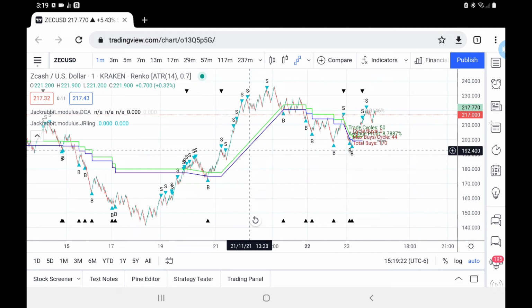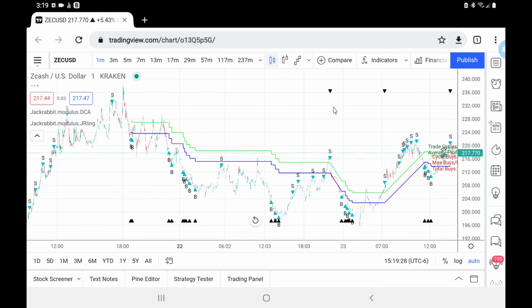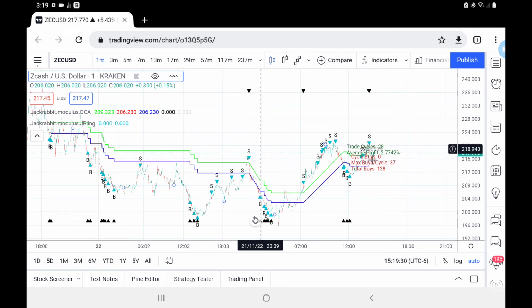50 positions, 8% profit on Renko. 28 positions, 2% profit on Renko. Or excuse me, on traditional. So in this case, Renko outperforms traditional.